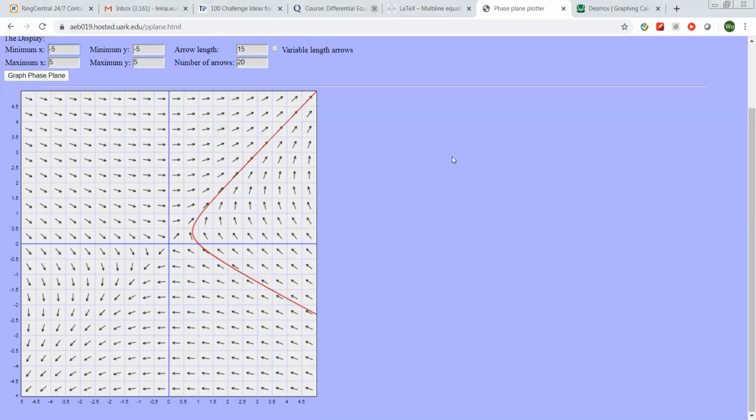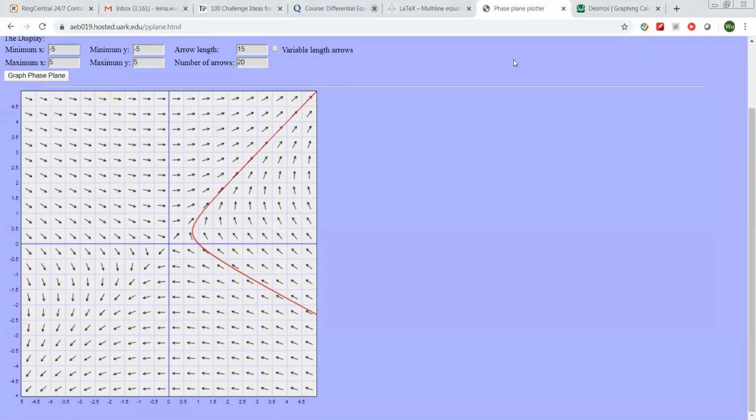Now let me ask you one question to see if you have been thinking about it. Think about our solution. We have x equal to some function of t, y equal to some function of t. But why is the graph only one curve? Because they're related to each other.